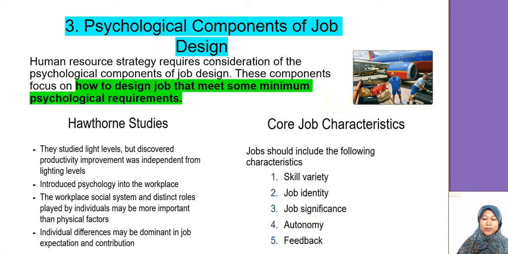Next we look at the psychological component of job design. We need to know how to design a job that meets some of the minimal psychological requirements. Let's say that you need to work outdoors, so you need to consider what preparation and training you need to give your employees.